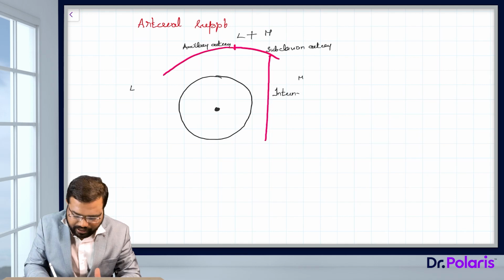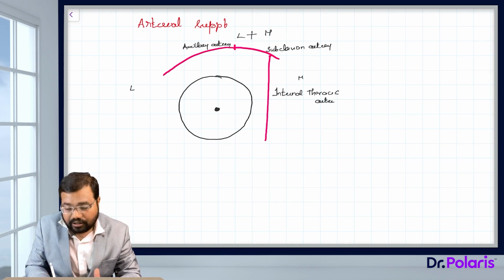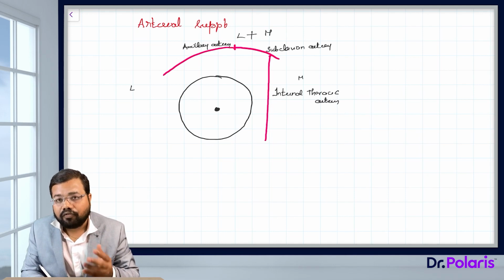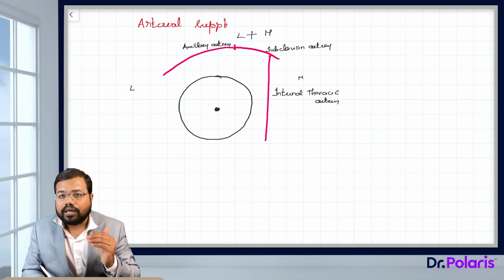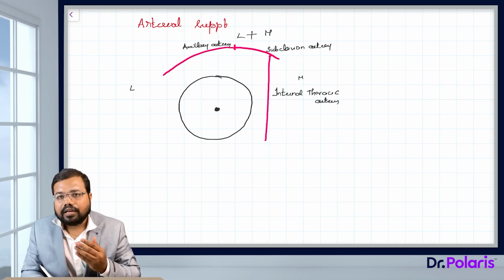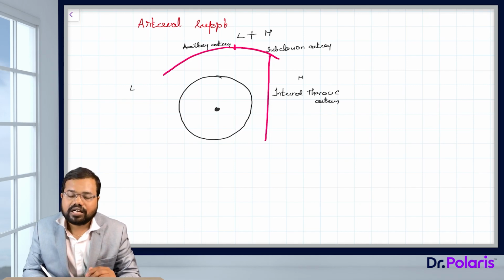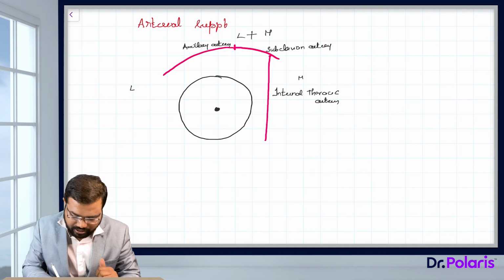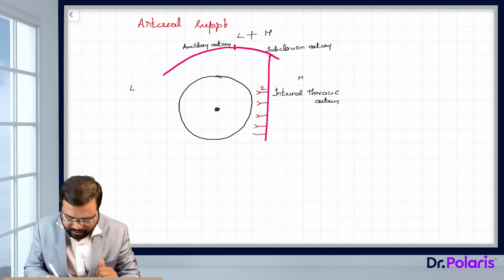From this internal thoracic artery, there are branches called perforating branches. Now, what is the vertical extent we said for the breast? 2 to 6. So between the 2nd, 3rd, 4th, 5th and 6th intercostal spaces are the perforating branches of the internal thoracic artery. That means this is one perforating branch of the second intercostal space, then third, fourth, fifth and sixth.